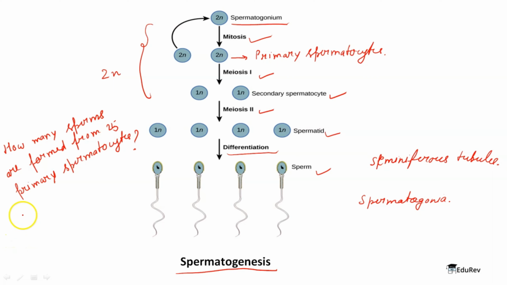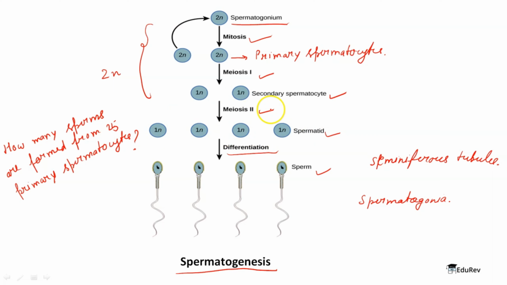Let's first take one primary spermatocyte, right? One primary spermatocyte we are considering, which forms, as you can clearly see, two secondary spermatocytes, right? And each of these two secondary spermatocytes will form two spermatids. That means in total they are forming 4 spermatids.